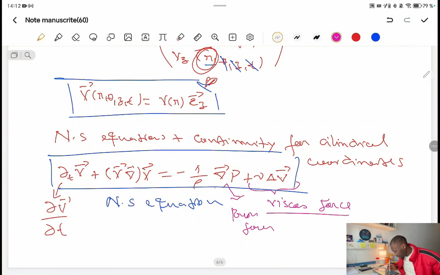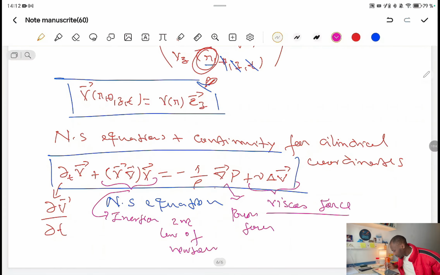We have inertia, which is the second law of Newton, and that's it.